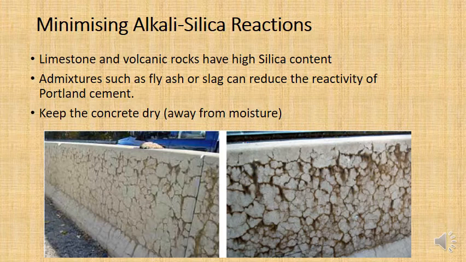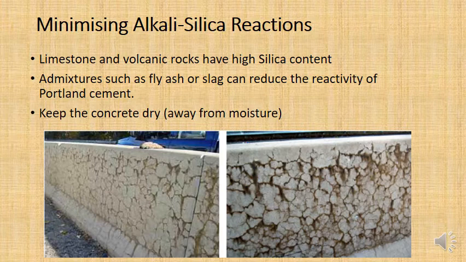So this is a problem in New Zealand where we have volcanic rocks, but also it's a big problem in places like Kurdistan where you're often using limestone or dolomite, a more compacted form of limestone, in your aggregate.